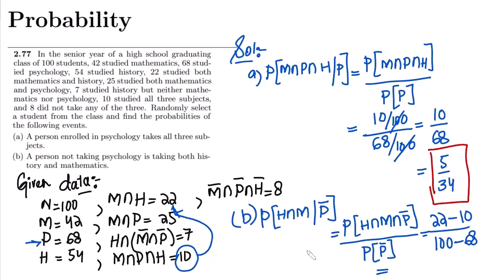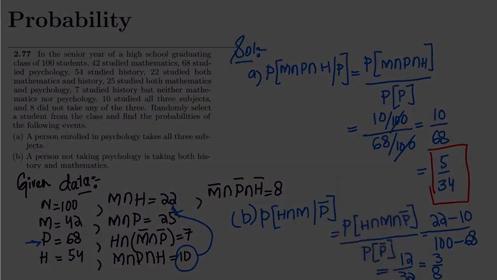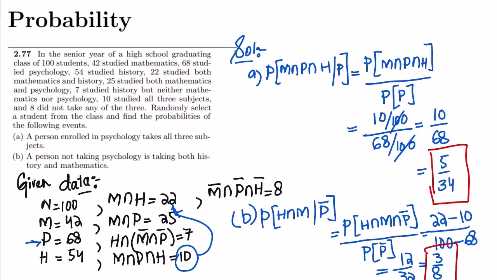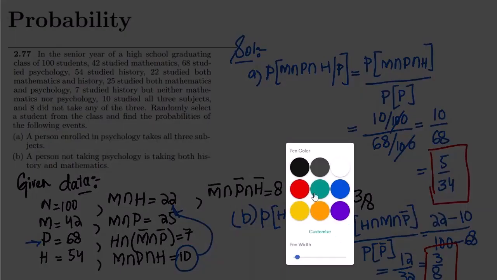Here I will get 12 divided by 100 minus 68, which is 32, and that will ultimately give me 3 divided by 8, and that is basically the solution of part B. Let me also write it here. So it would be 3 divided by 8.